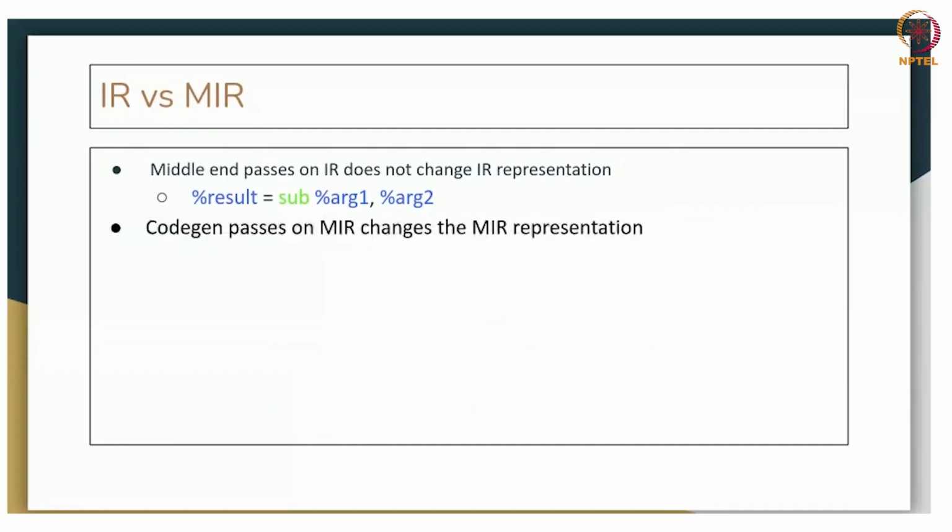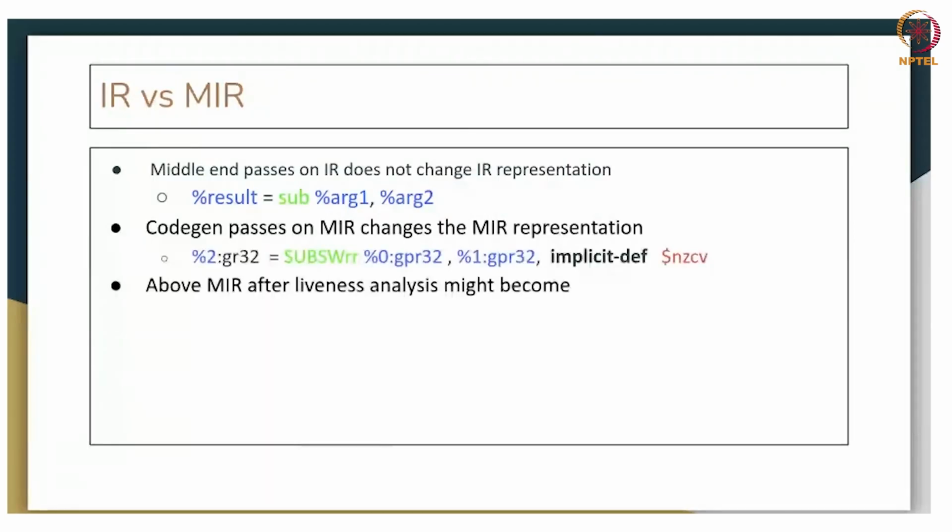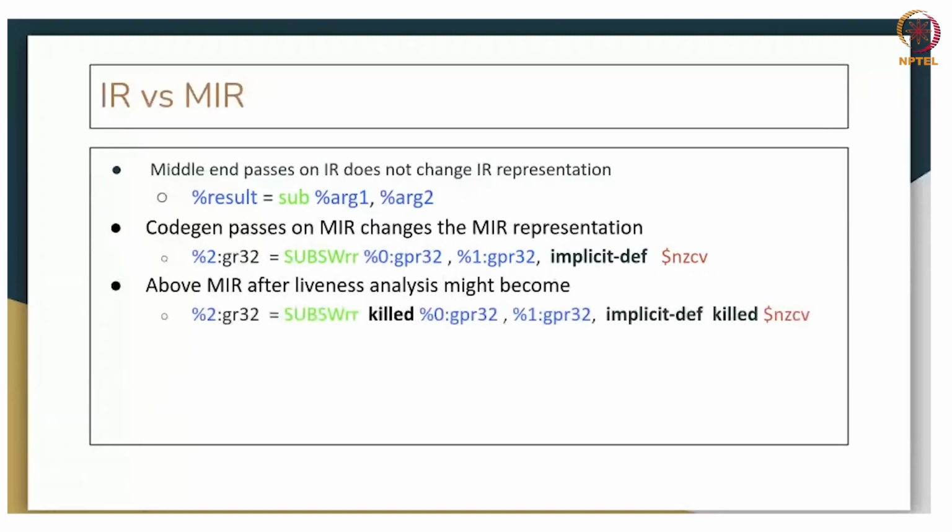Code generation passes on MIR change the MIR representation. Maybe MIR after liveness analysis might have metadata added. It's possible to add metadata even in LLVM IR, but generally we don't, unless it is very essential.